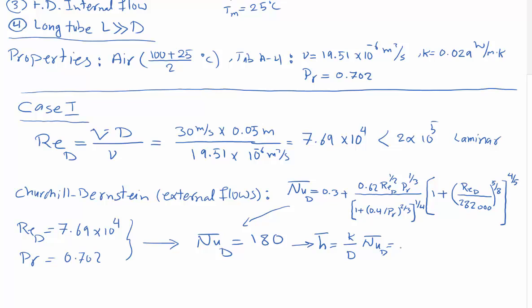Now we can plug in the values that we have for properties: 0.029 watts per meter Kelvin divided by 0.05 meter, that's the diameter of the tube, multiplied by 180. This is going to be equal to 104 watts per meter squared Kelvin. This is my h bar of case 1.